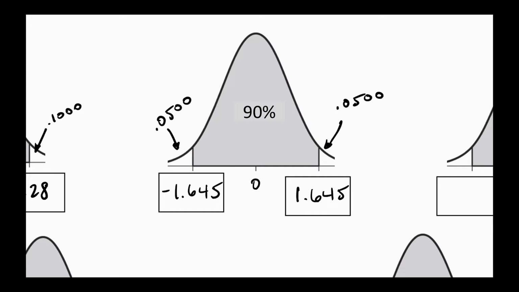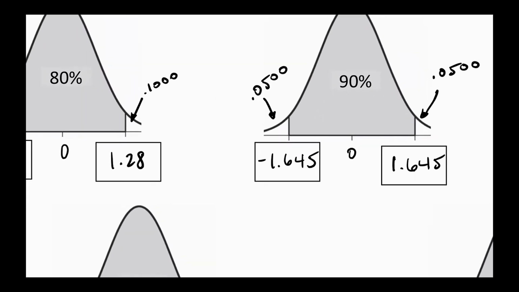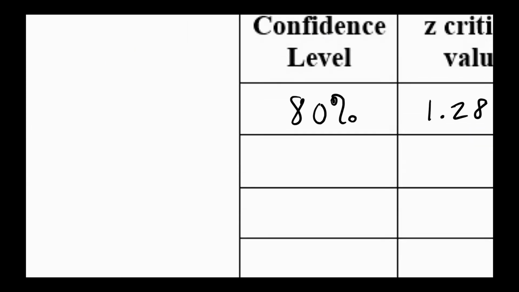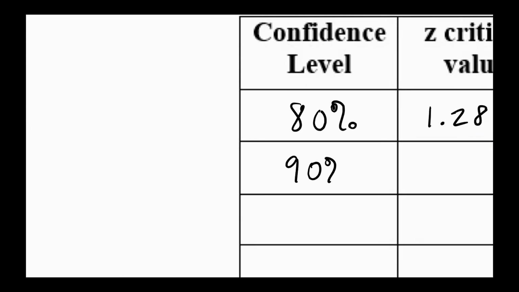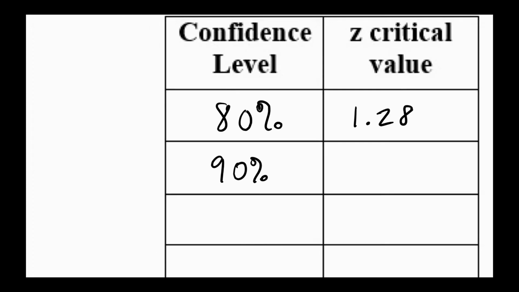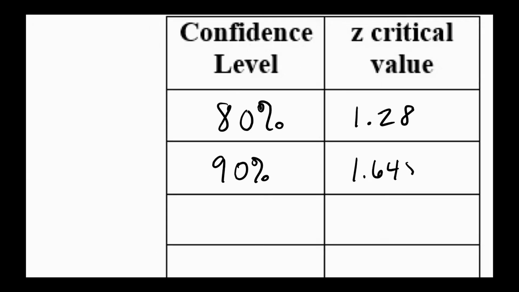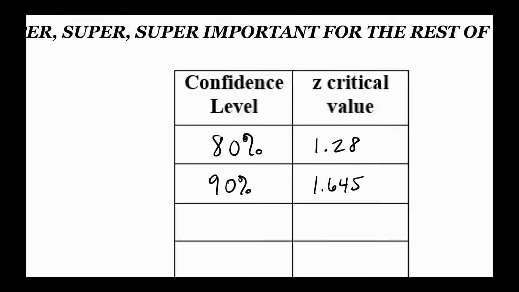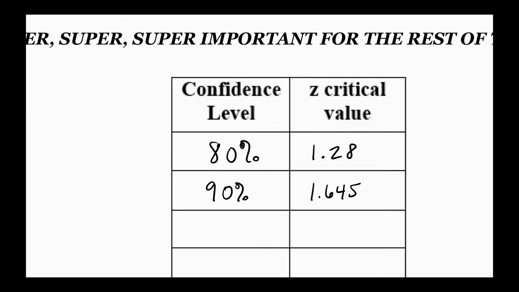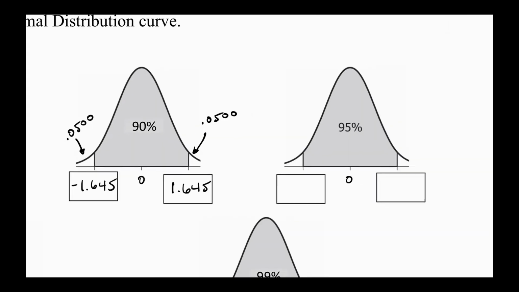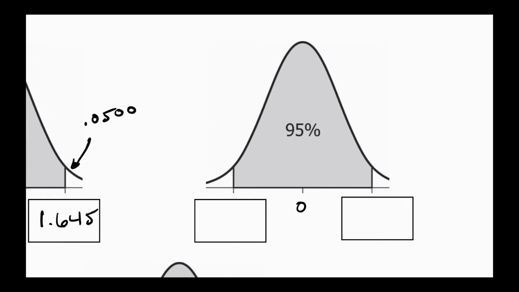Okay. So we go down here, and for 90%, we got 1.645. Okay, so we're working our way up. Now for 95%, what part is in here and here? There you go.